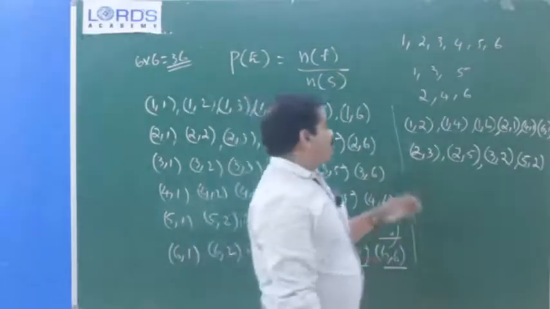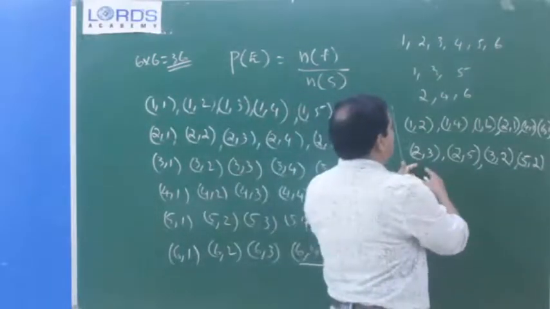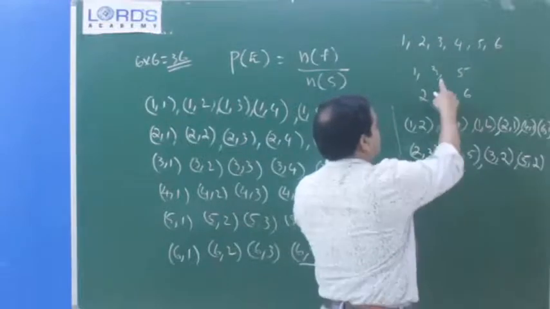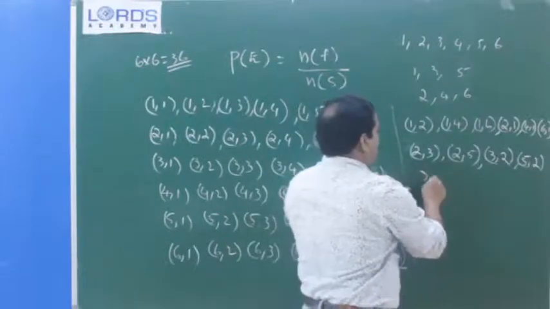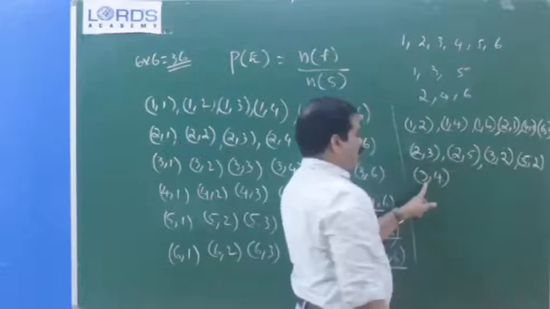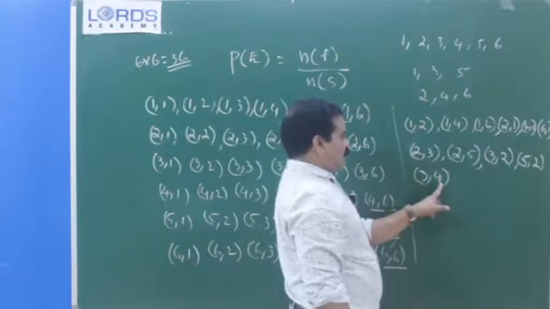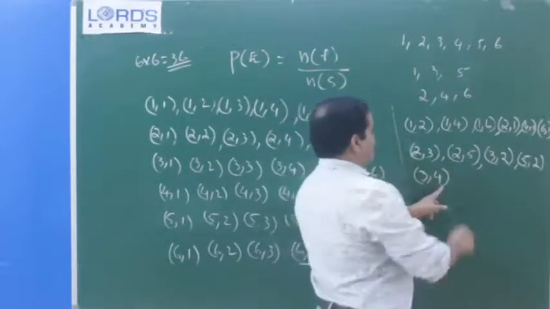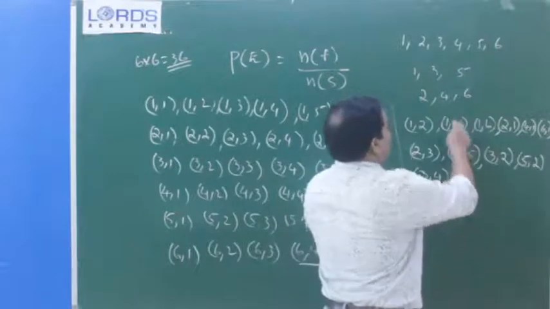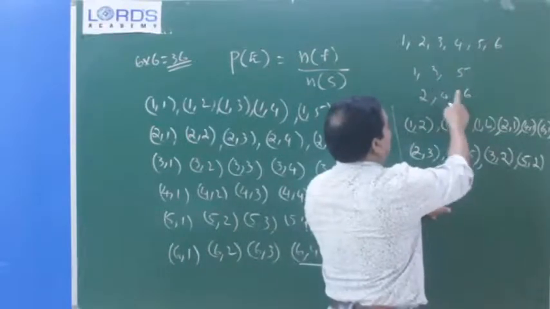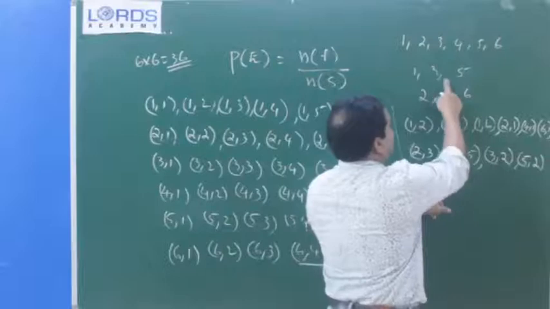Then again we can take 3, 4. Multiple of 2, odd number. Then 3, 6 you can take.